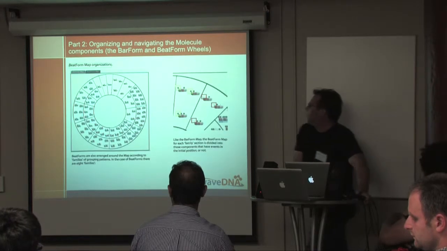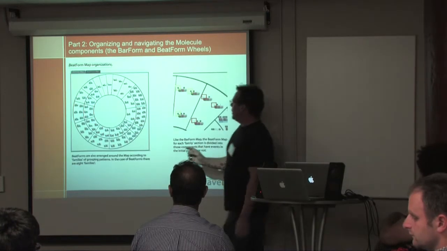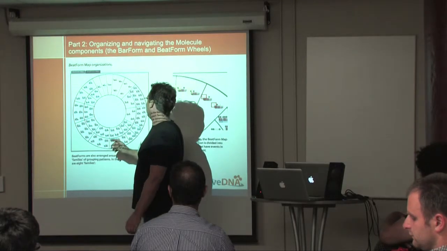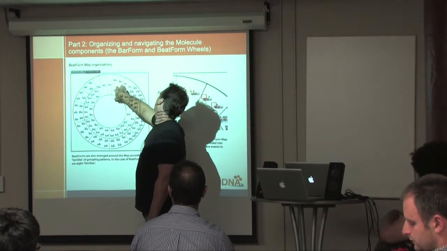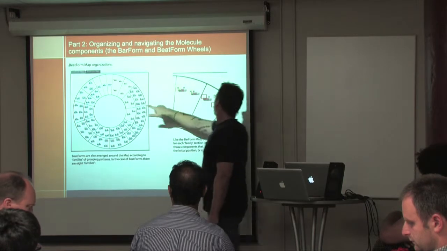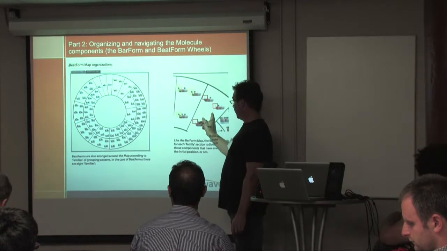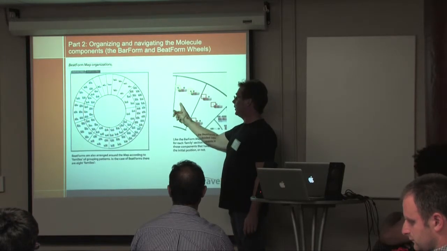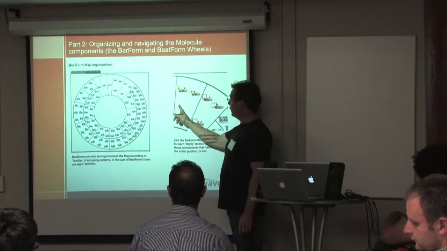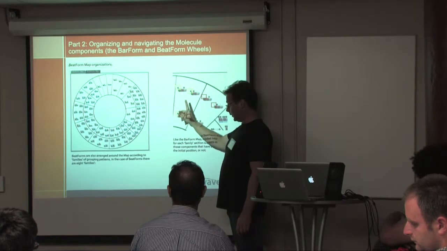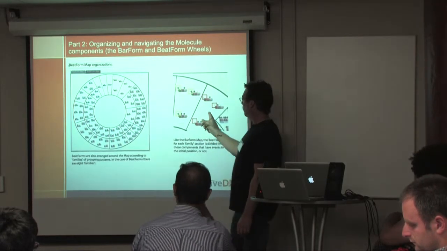The beat form map is organized in much the same way. It's not so divided into quadrants, but here we have one small section, and the same way that the bar forms are organized, depending on whether they have an activity at the initial beat of that form, or whether they don't.